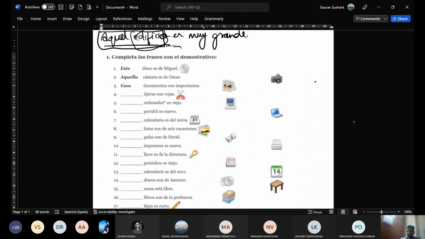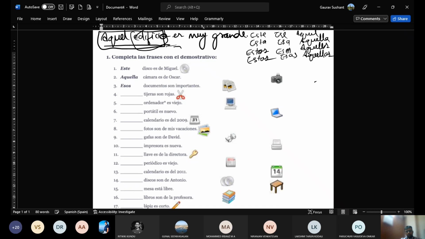There are three groups I have already written in the previous slide, and I'm writing them again. Este, esta, estos, estas, then ese, esa, esos, esas, then aquel, aquella, aquellos, aquellas. So these are three groups.